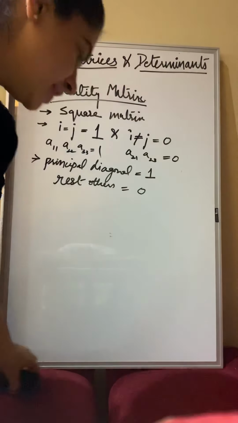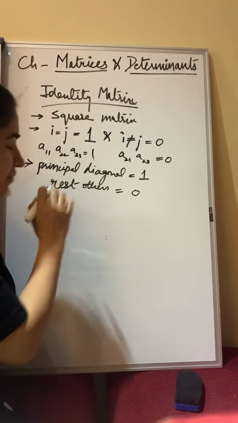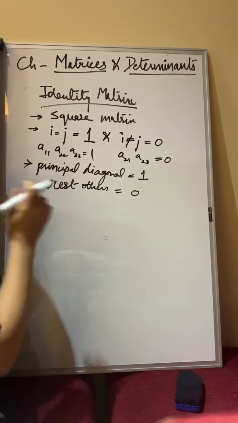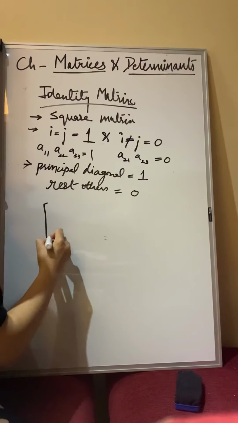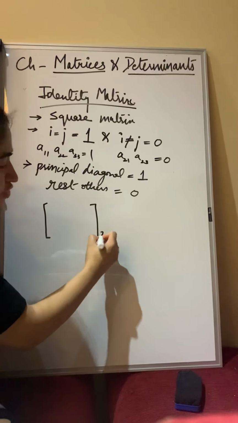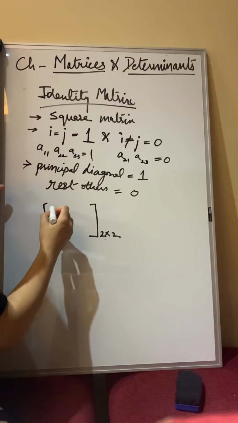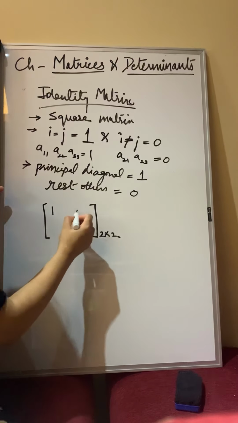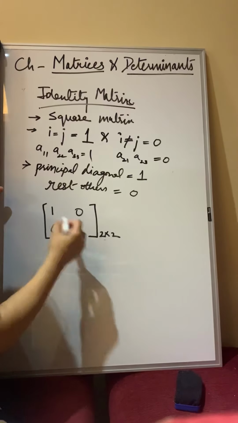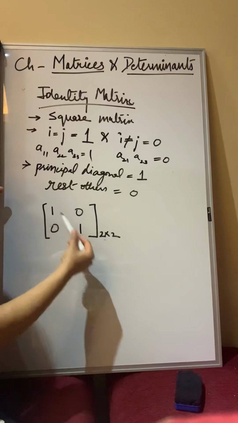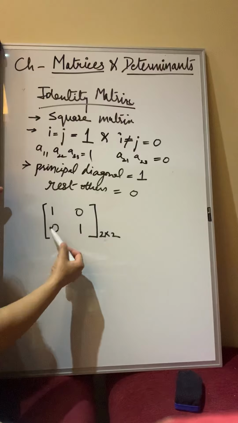So I am taking an example. I am taking two square matrices. The first one is of order 2:2. The identity matrix will be 1, 0, 0, 1. So the elements on the principal diagonal are 1 and the rest are 0.